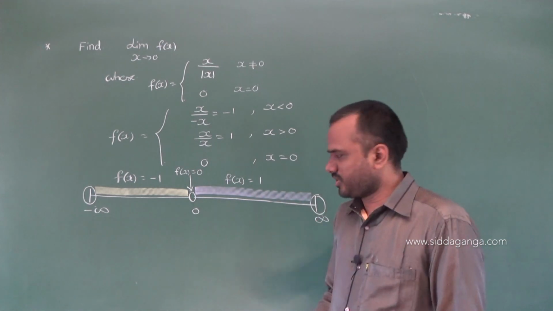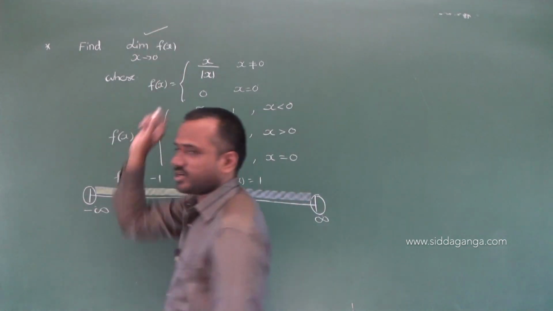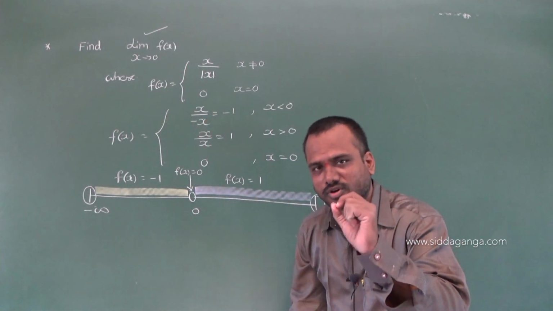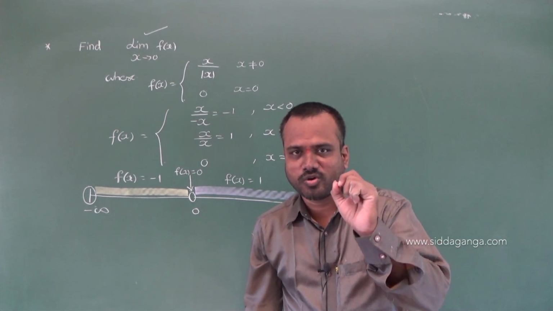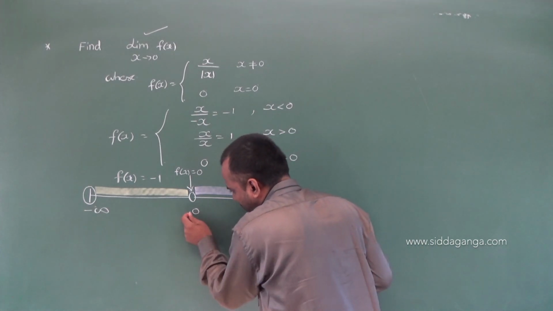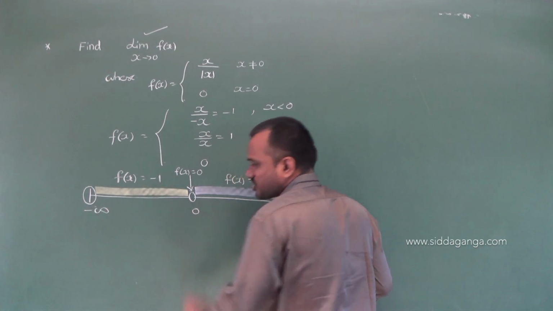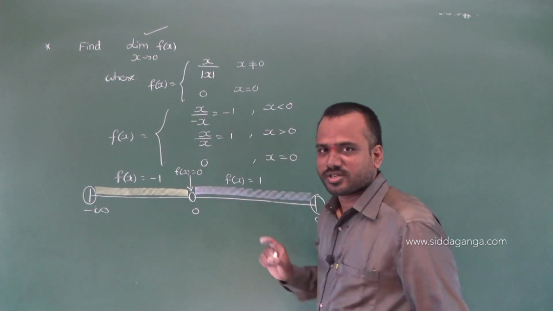Observe this problem. We are finding the limit x tends to 0, f of x. If you approach from the left side of the limit, the function is minus 1. If you approach from the right side, the function is plus 1.